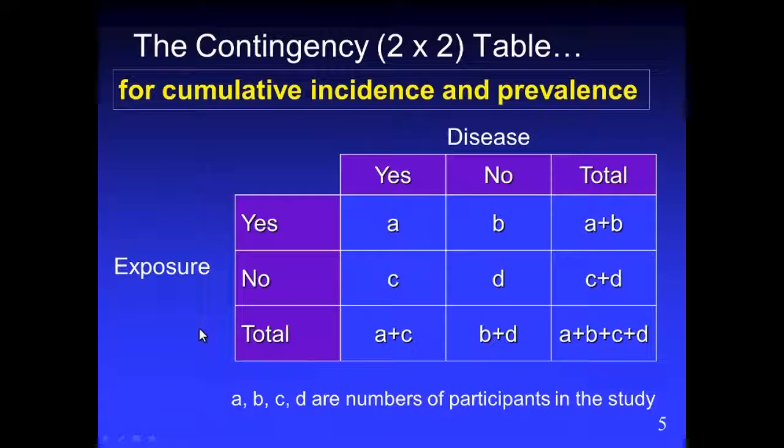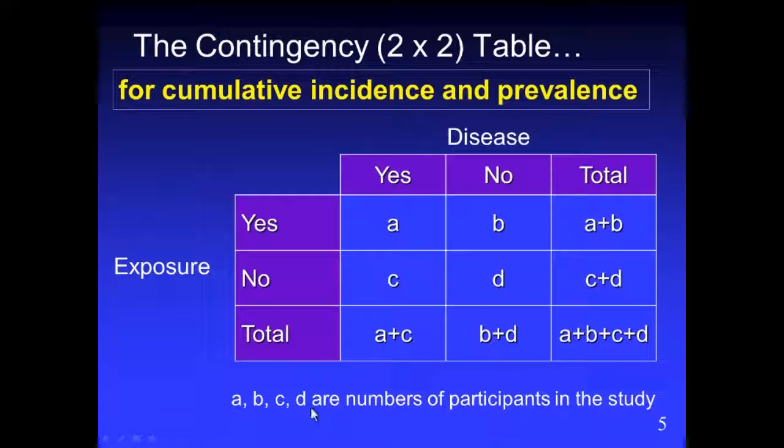This 2x2 table, sometimes known as a 4-fold table, is the simplest example of a class of tables, sometimes referred to as contingency tables. They can be n by m tables, and n and m are 2 integers, but we're not going to worry about that at this stage. We're just going to be talking about 2x2 tables.